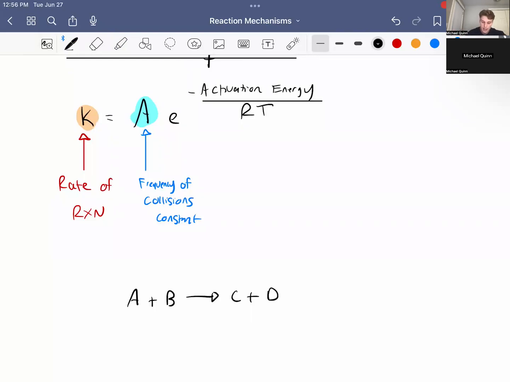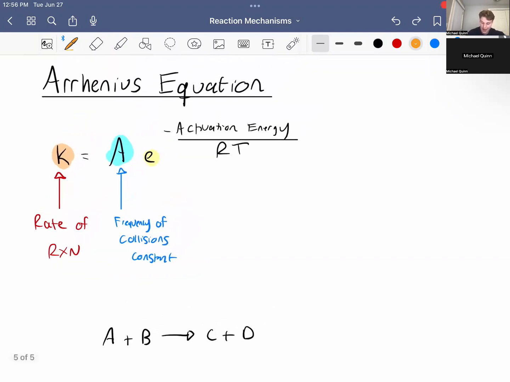So that is A. e is simply the base of natural log ln. So ln is natural log and e is the base of that, raised to the negative activation energy, which we covered in this module, which is the amount of energy reactants need in order to overcome the energy barrier of that reaction and proceed to the products.